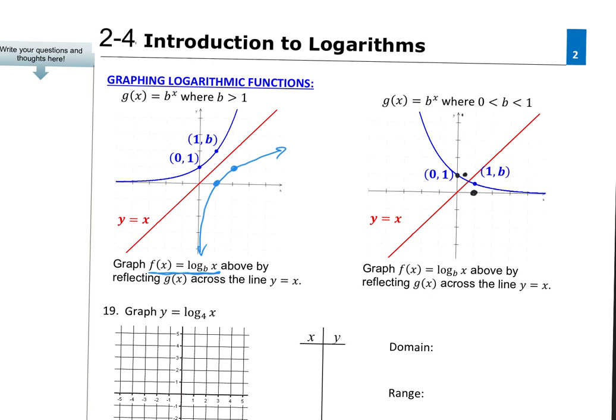So your reflection is going to look something like this. Okay, the graph got a little bit off. But now you can see how this literally does a crisscross across the line y equals x. So it's literally a reflection of the original function, or the base function, because these are inverses. So that's one little trick to graphing these: graph the exponential and then just flip it.